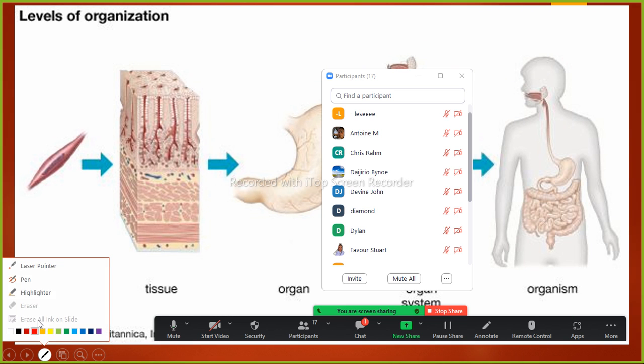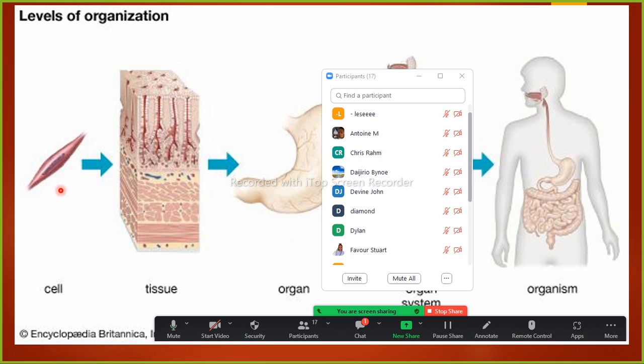Like we said, groups of cells come together and make up the tissue. Groups of tissues come together and make up the organ. Which organ is this?